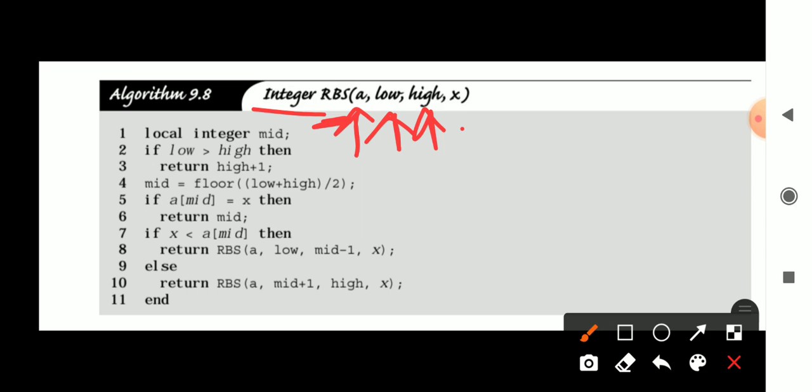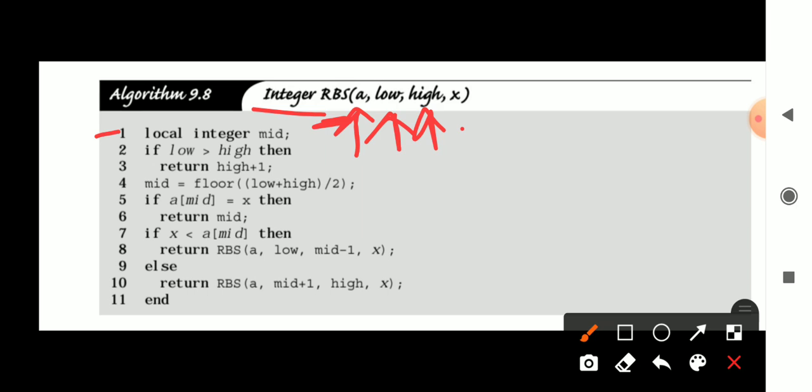So let's start with this. Here we have a local integer mid. If low is greater than high, then we have to return. If low is greater than high, it means we don't have any value, so we return high plus 1.